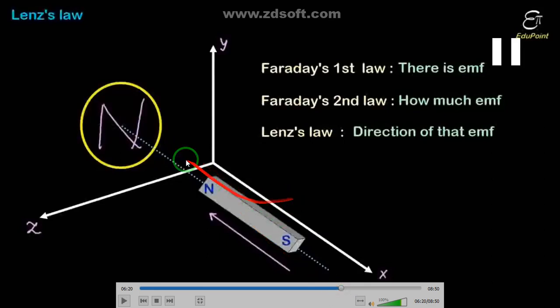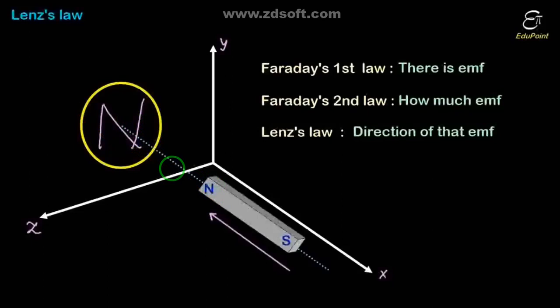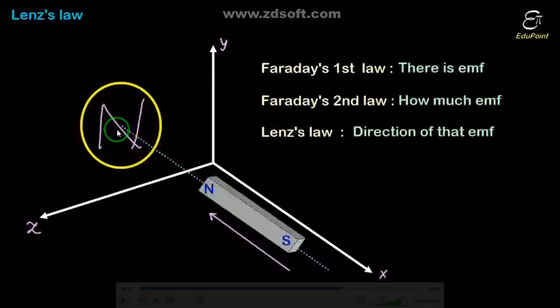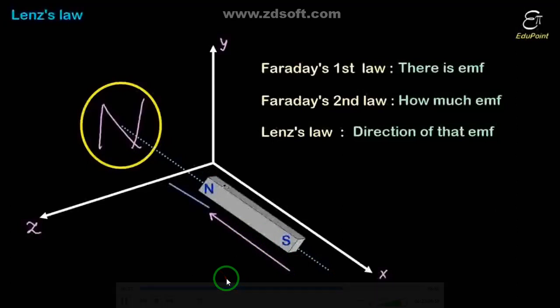See here, this coil has one north pole, and this magnet also has one north pole. These two north poles repel each other, so this magnet is repelled by the coil and moves out of the circuit.